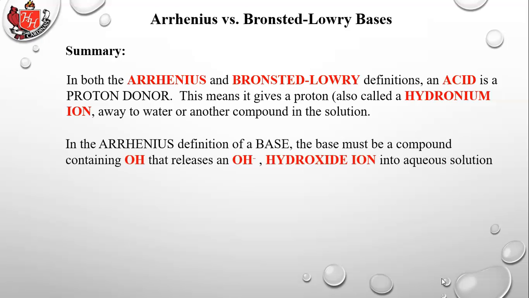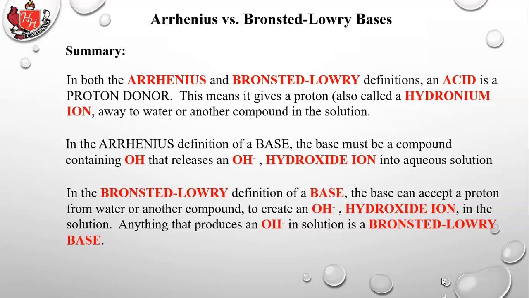In the Arrhenius definition of a base, the base must be a compound containing OH that releases OH minus, a hydroxide ion, into aqueous solution. In the Bronsted-Lowry definition of a base, the base can accept a proton from water or another compound to create an OH hydroxide ion in the solution. Anything that produces an OH minus in solution is a Bronsted-Lowry base.